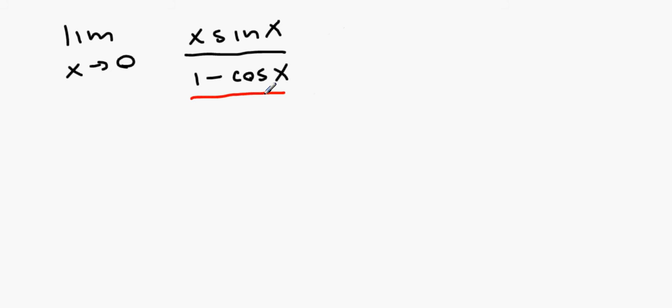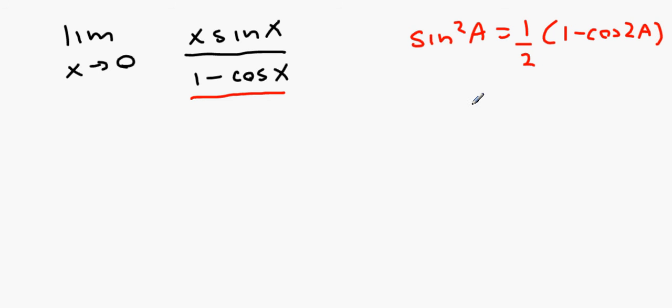So if you look up your tables, okay, what's in your tables is sine squared a equals a half of 1 minus cos 2a. Now what you could do in this scenario is rearrange this formula, okay?